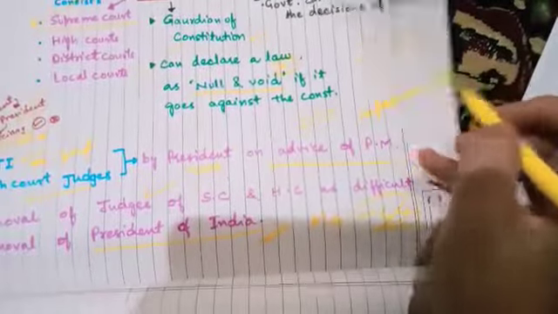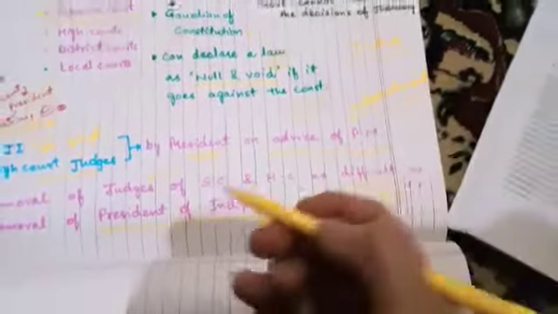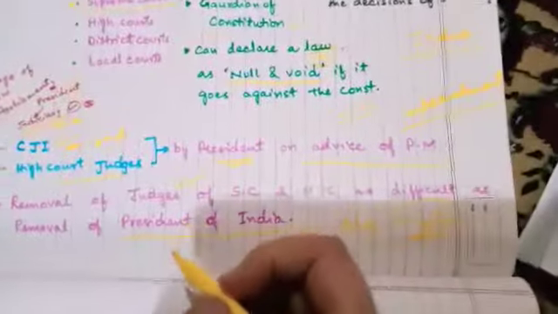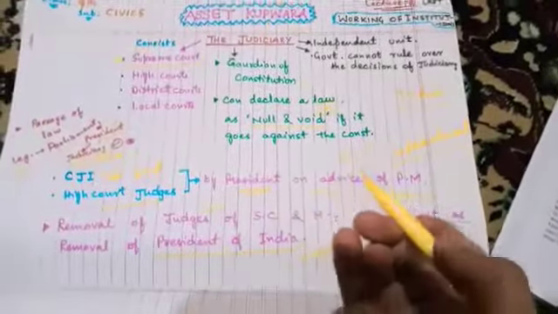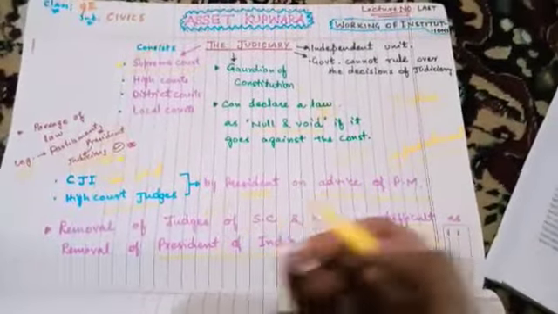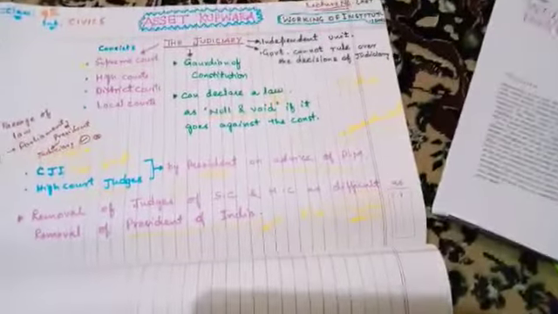Impeachment motion is drawn in the parliament, and only then are the judges removed. There is one thing here. There is an order given in your book on page 57.